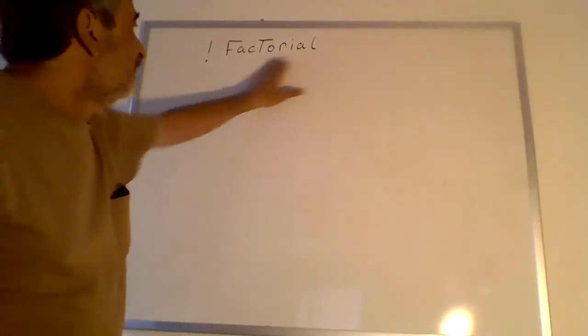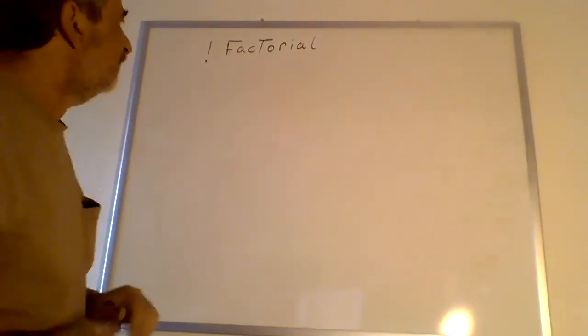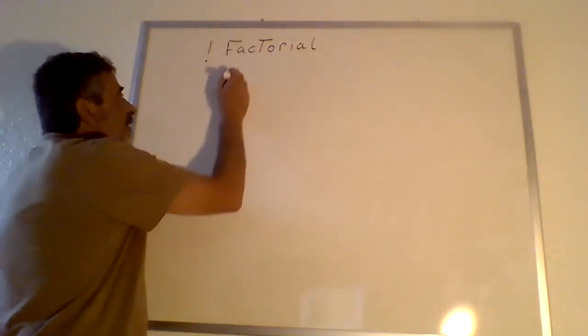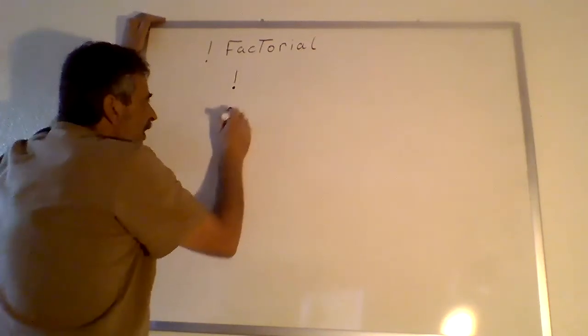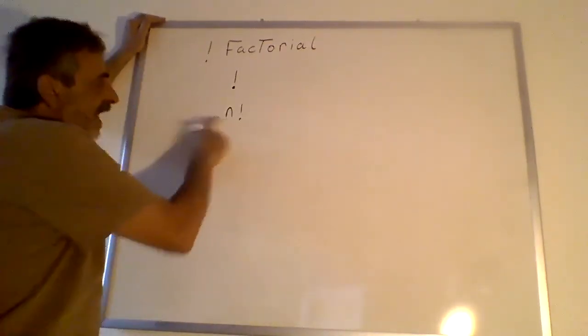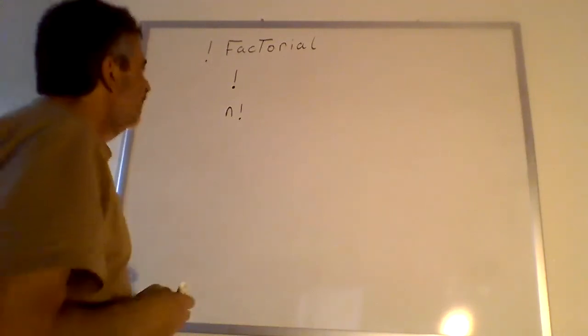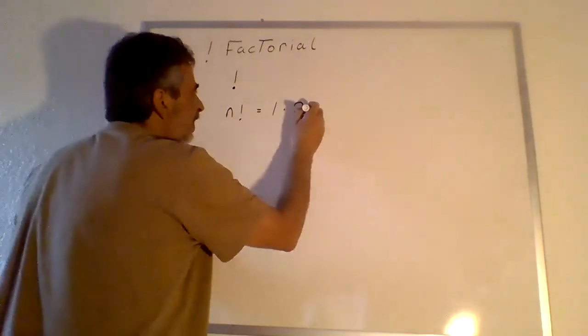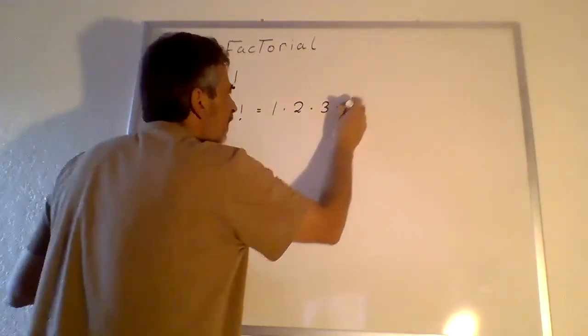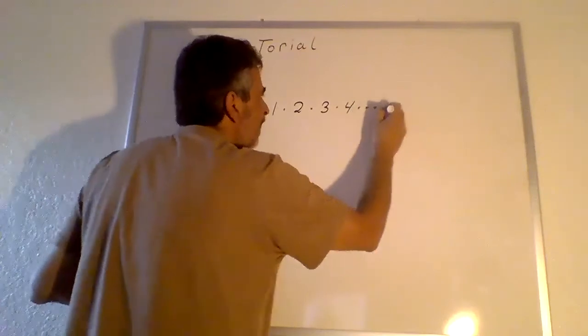So now we're going to look at the definition of factorial. First of all, the symbol of factorial is the exclamation mark. So this is factorial. What does it mean to say factorial? So if I say n factorial, where n is a positive integer, then this is equal to 1 times 2 times 3 times 4, all the way to n.